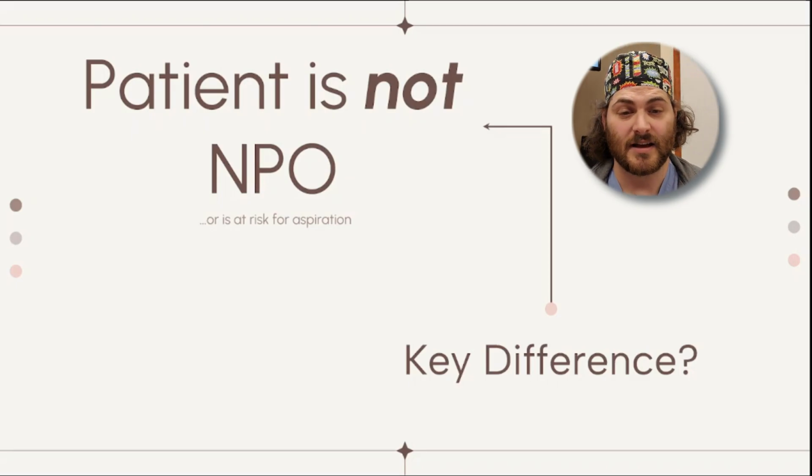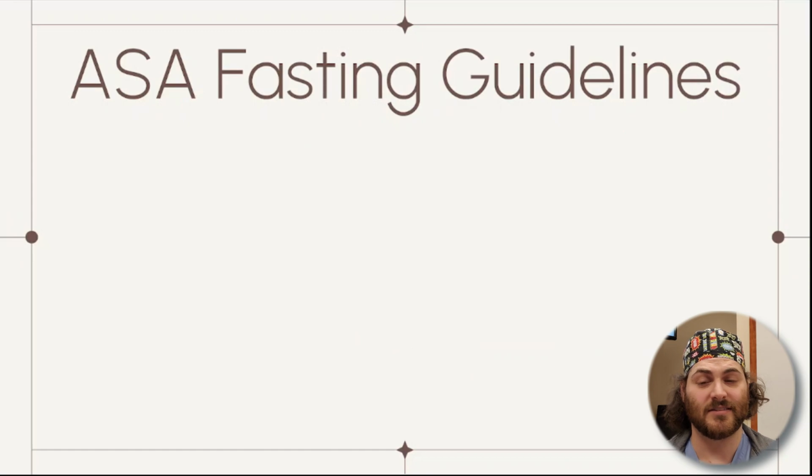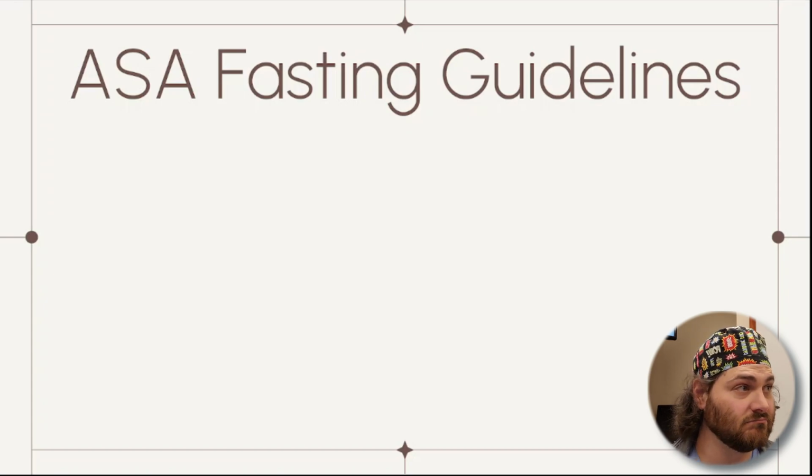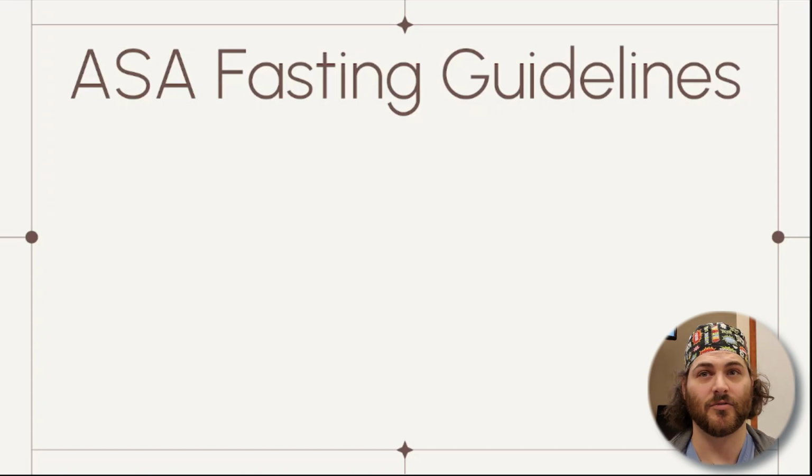So perfect. The ASA fasting guidelines are pretty well established at this point. Does anybody know if they've had a little bit of food, like half a granola bar or something, how long the NPO guideline is for that? 6 hours. Perfect.